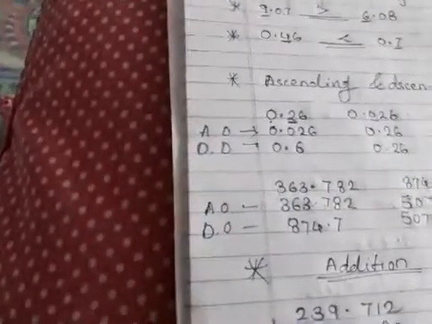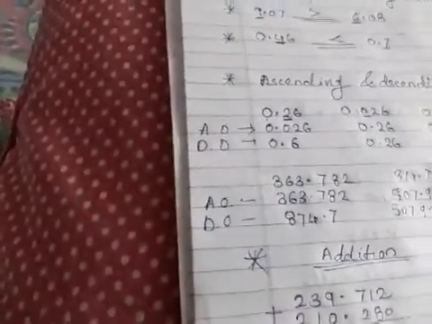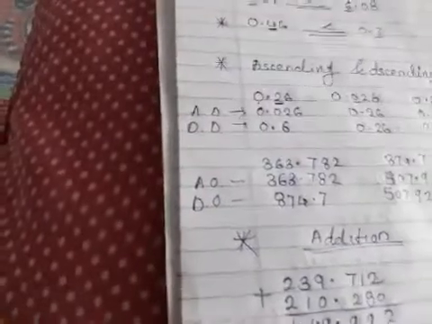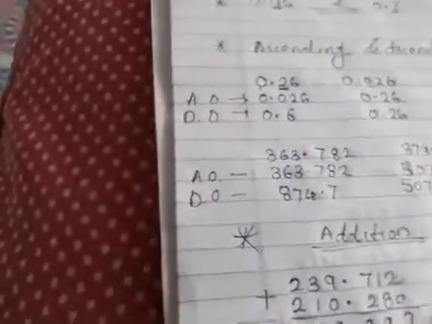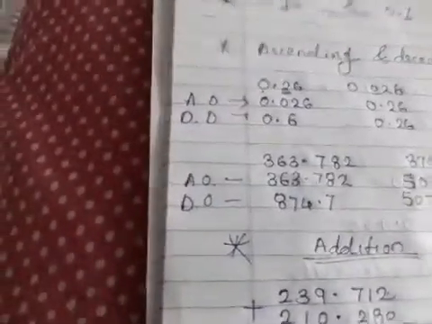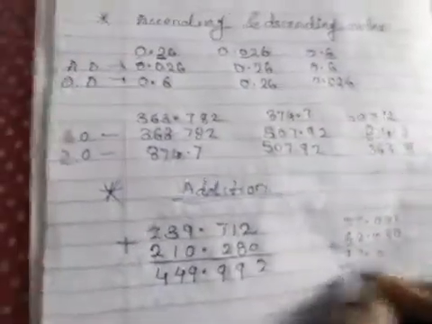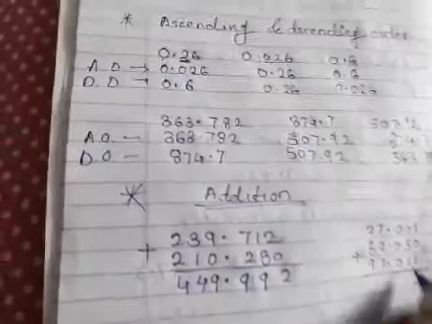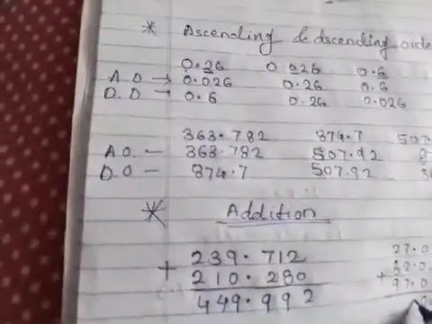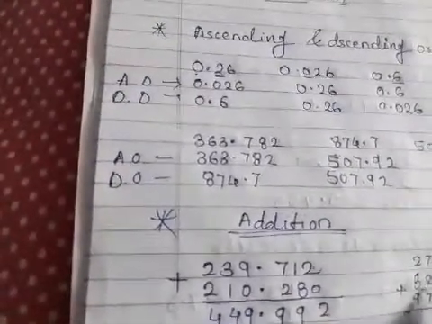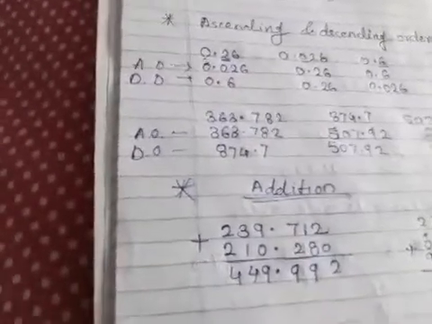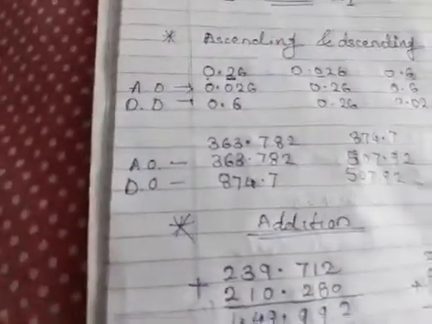27.001 plus 82.030 plus 97.011. 1 plus 1 is 2, 3 plus 1 is 4, 7 plus 2 is 9, 9 plus 7 is 16.